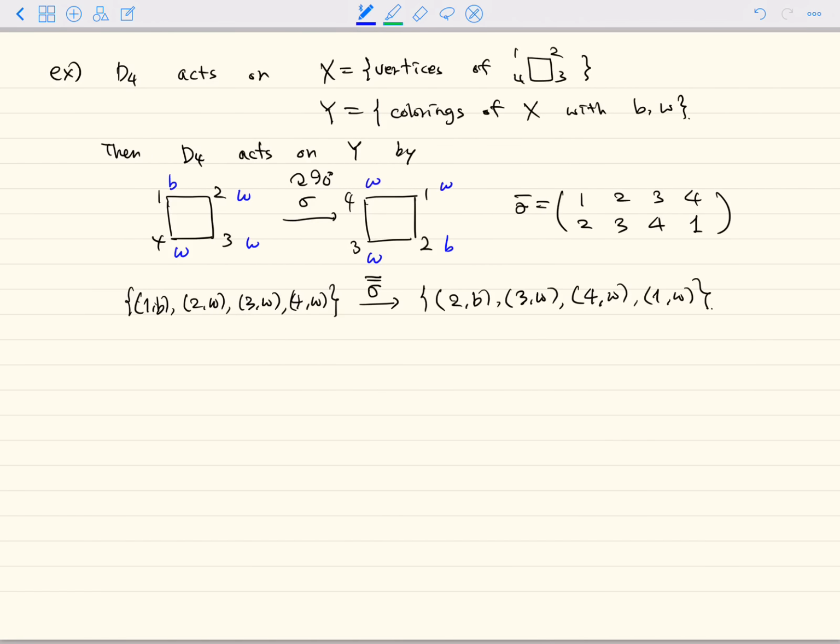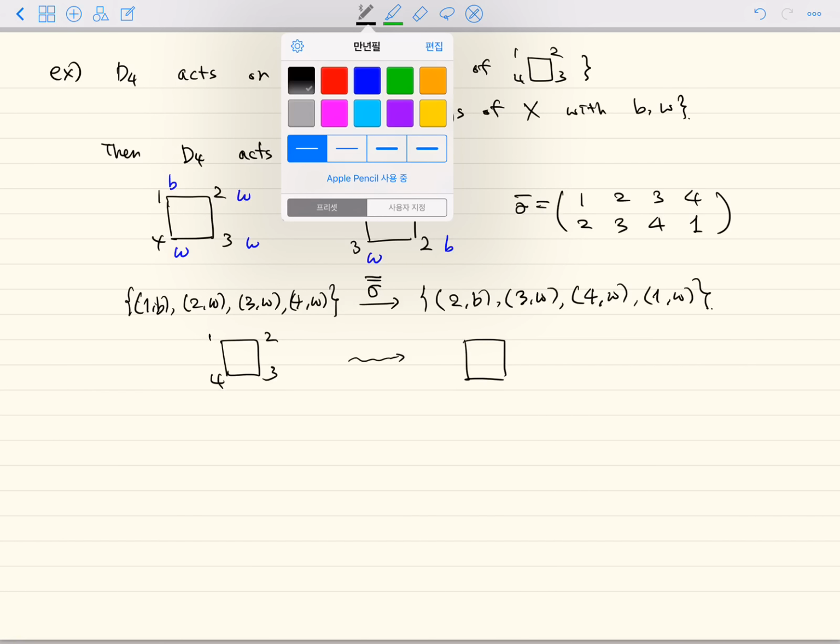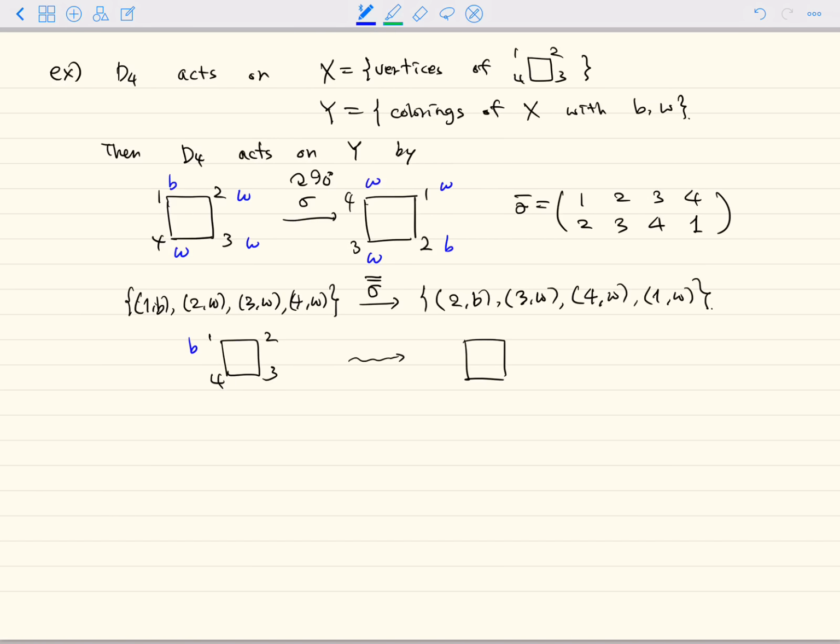So here, 1, 2, 3, 4 is changing to, maybe just coloring. We are focusing on the coloring. So 1 has color B, so it moves over here. 2 has color B, so it's like this.